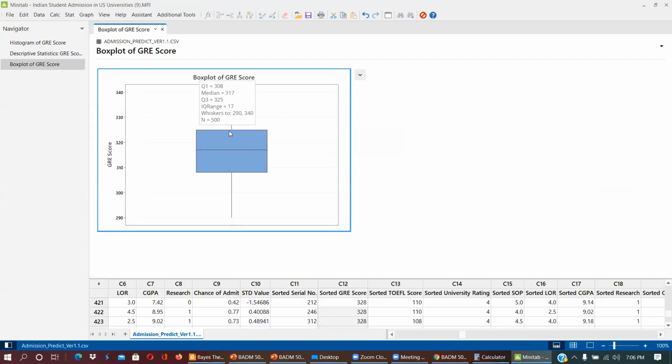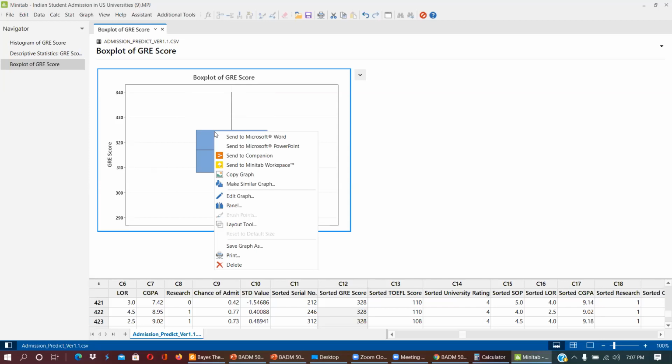Q1 value is 308, median is 317, Q3 is 325, n equal to 500, and this is GRE. Highest value 340, lowest value 290.